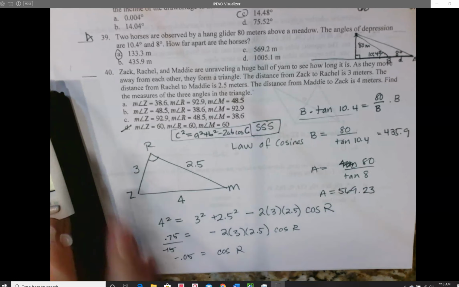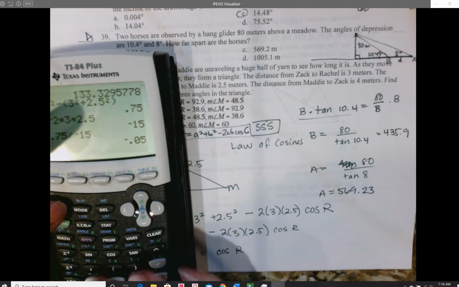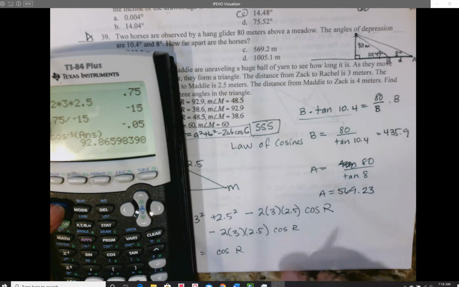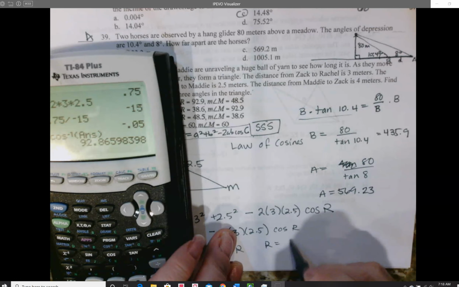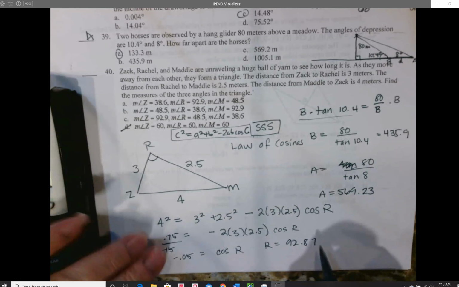And remember, when we want to find an angle, we have to use the inverse cosine. So I'm going to go inverse cosine of that answer. And that tells me that angle R is 92.87 or 92.9.